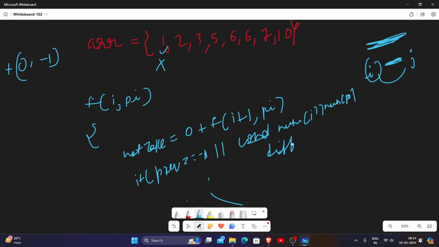I'm not writing it fully here, that difference condition: j minus i, the number of elements that we need to fit, should be less than the difference we are getting.